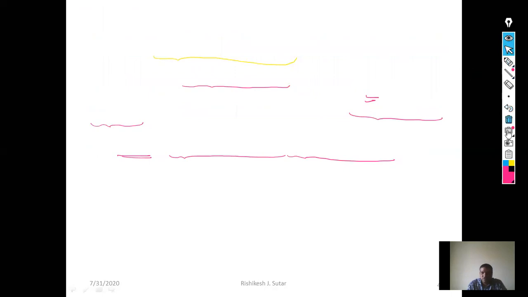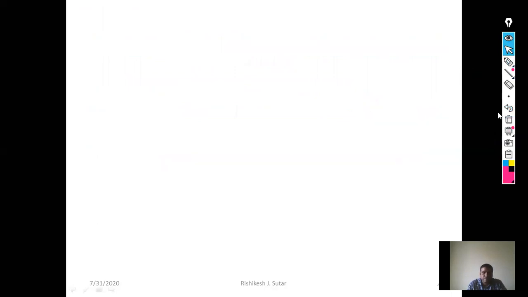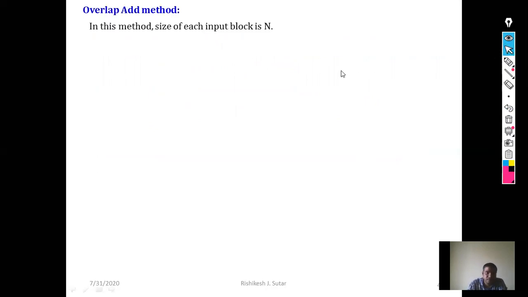Let us go towards the next method, that is the overlap add method. In this overlap add method, we are going to consider the same thing.